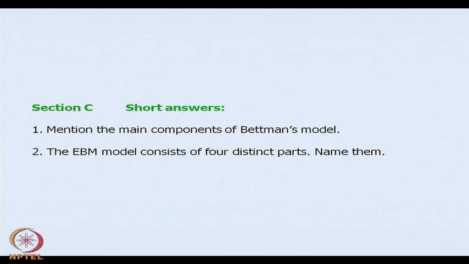Coming to short answers, mention the main components of Bettman's model. So, the main components are processing capacity, motivation, attention, information acquisition and evaluation, decision process, consumption and learning processes. Question number 2, the EBM model consists of 4 distinct parts, name them. So, the 4 parts are input, information processing, decision process and variables influencing the decision process.